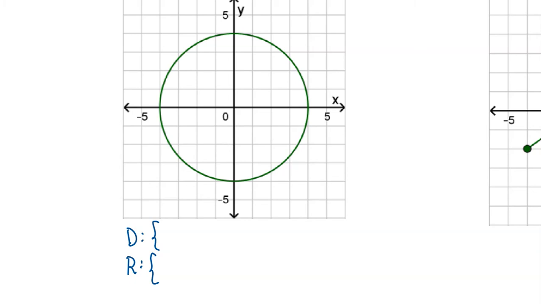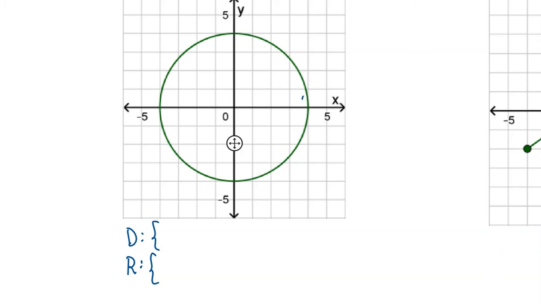All the x values, how could you describe this one? All the x values are where? How would you describe, with your own words? If you were explaining this to somebody, what would you say? All the x values are between, all right? 4.